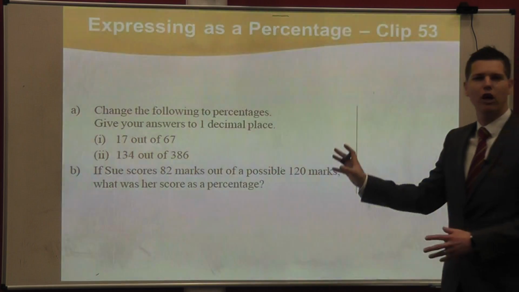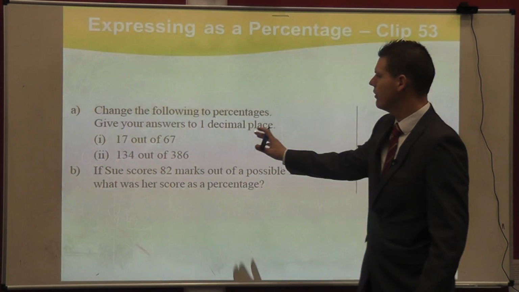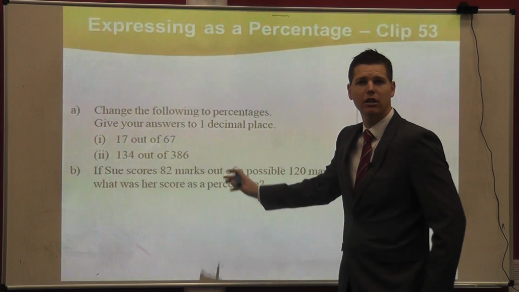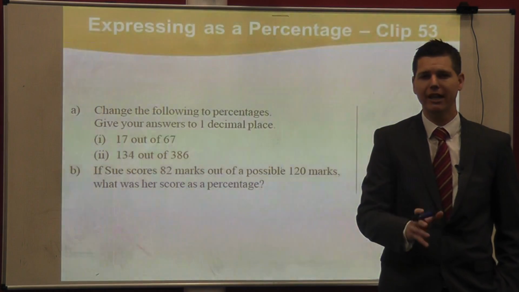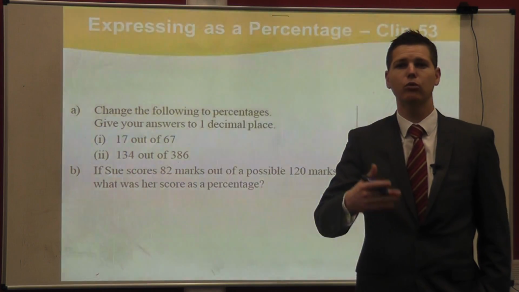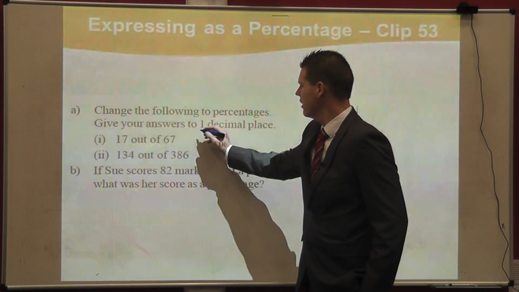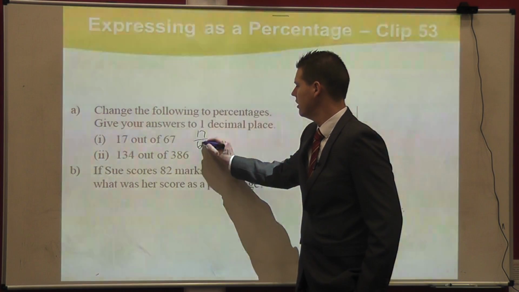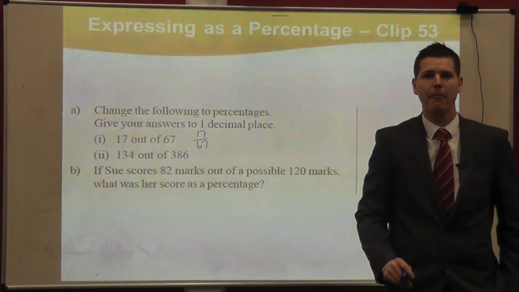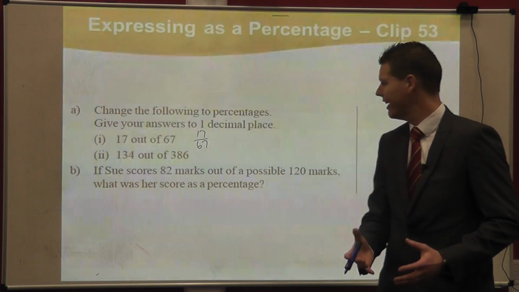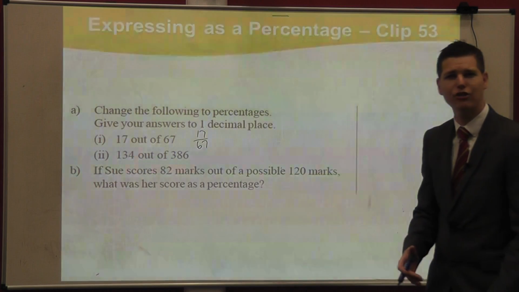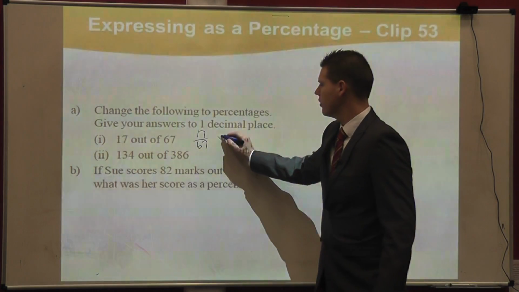we're going to convert, using a calculator, each of these to a percentage. Now, to convert each of these to a percentage, what we do is we first of all write them as a fraction. So this is just here, 17 out of 67. And if I want to convert a fraction into a percentage, if I want it for 100, then all I do is I times that by 100.